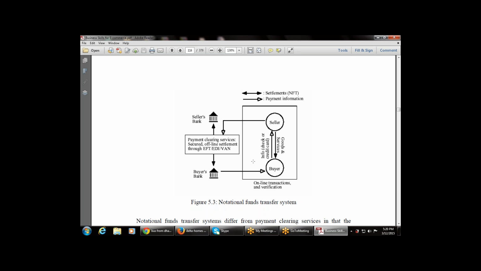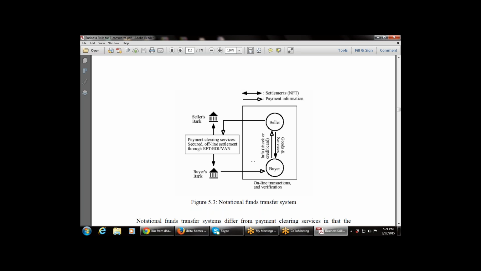Because if it goes online, there will be chances of hacking the information. So offline settlement is provided either with the use of EFT, EDI, or VAN, and that is included in the seller's bank.